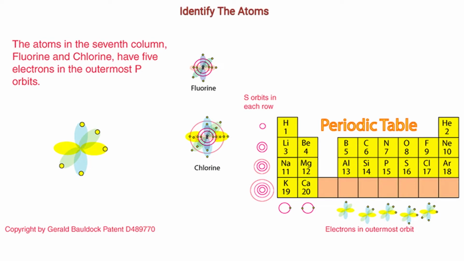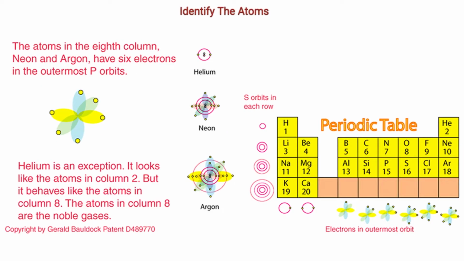The atoms in the seventh column, fluorine and chlorine, have 5 electrons in the outermost p orbitals. The atoms in the eighth column, neon and argon, have 6 electrons in the outermost p orbitals.